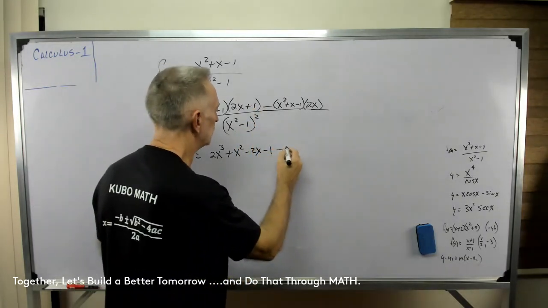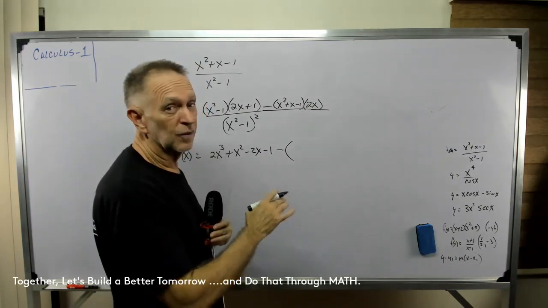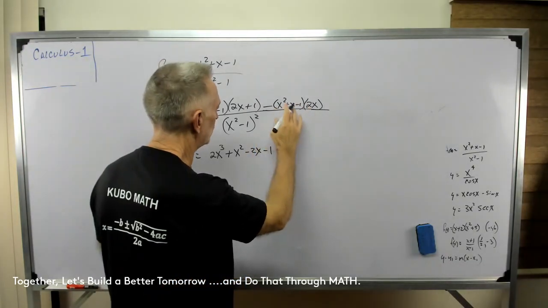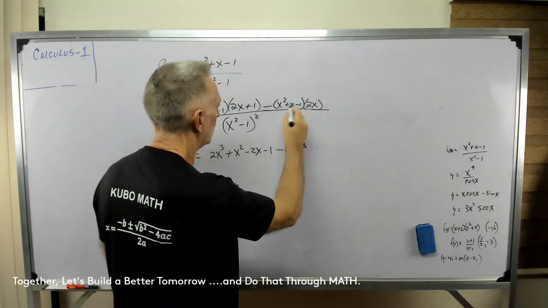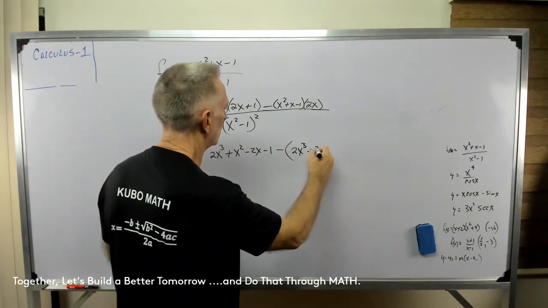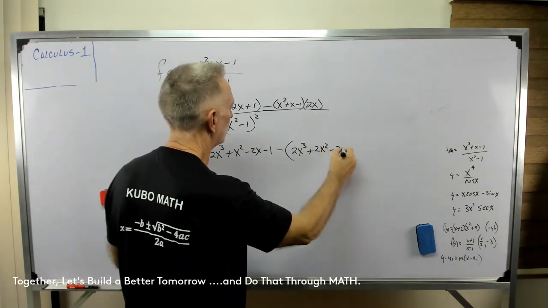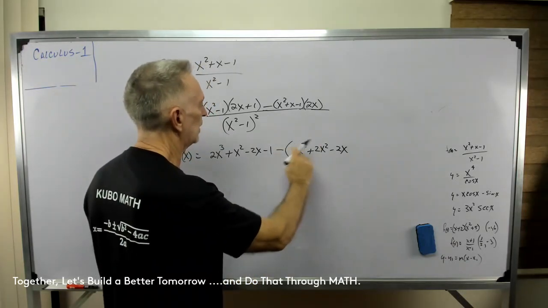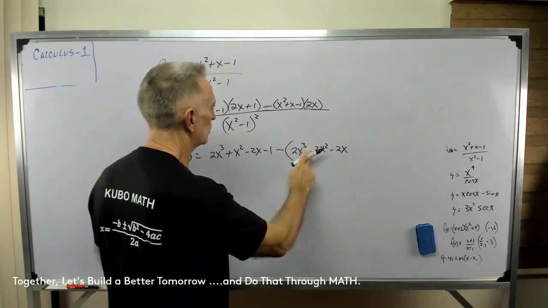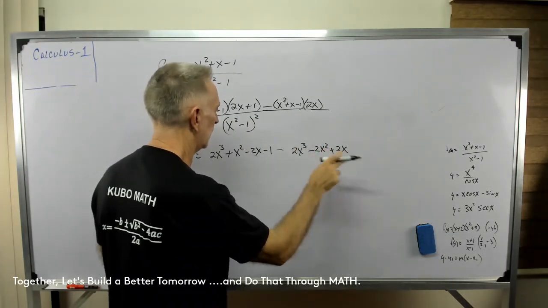Okay, minus, and I'm going to put this in parentheses till I work through and then deal with the negative. So 2x times x squared is 2x cubed plus 2x squared, and then 2x times negative 1 would be negative 2x. All right, so I need to change the sign. I want negative, minus everything in there. This would make this a negative, and that a positive, and that a negative.